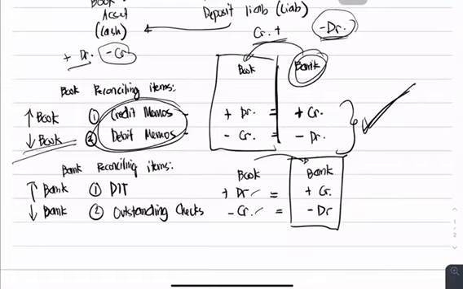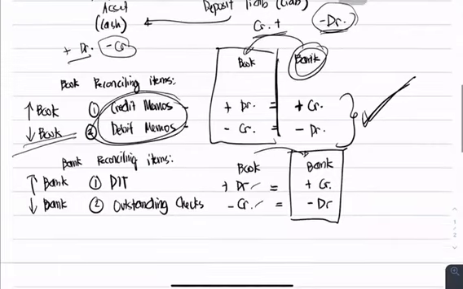Pag nag-earn ng interest. Ano pa, sir? Pagka merong kinolekta yung bank in behalf of the company. Ano pa ba? If ever may proceeds yung loans mo, pwedeng idiretso rin sa bank. Those are credit memos.